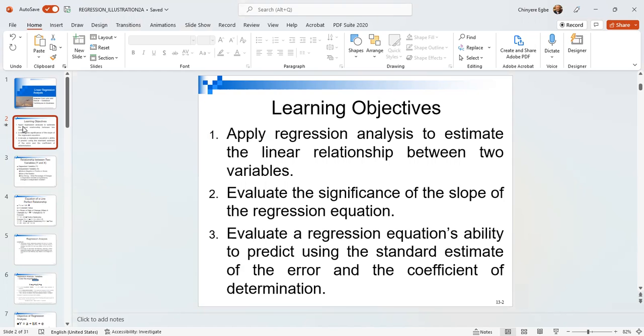So the slope estimate that you obtain, is it meaningful? And third, we're going to ask ourselves, how strong is the relationship? What percentage of the changes in the value of the dependent variable can be explained by changes in the independent variable?